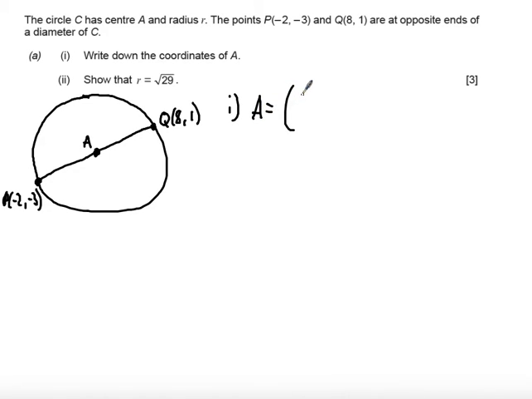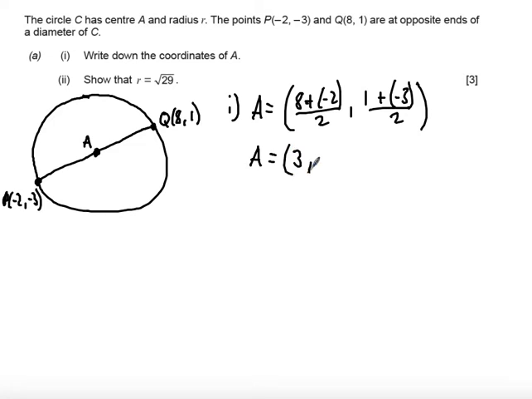So A is going to be (8 plus -2) over 2, and (1 plus -3) over 2, so that we get A is equal to 8 minus 2 is 6 divided by 2 is 3, and 1 minus 3 is -2 divided by 2, which is -1.